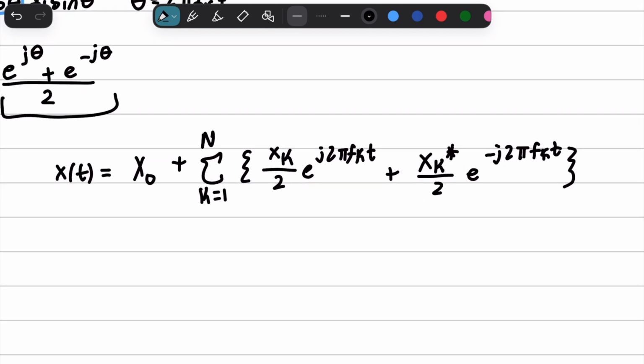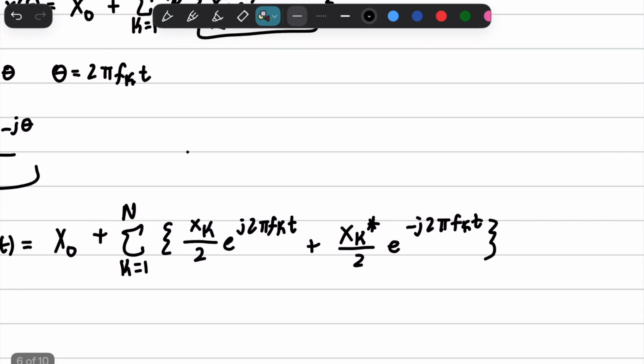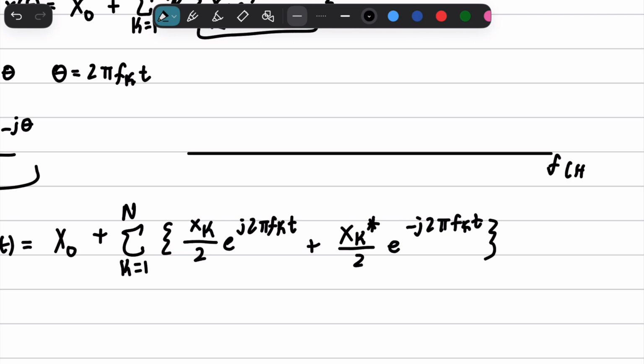So this proves right here that we can write this, and I'm just going to give a little snippet of what a spectrum actually looks like so that we can visualize this. A spectrum typically is plotted with f in hertz, right? Or it could be radians per second if you're doing it in radial frequency, like that.